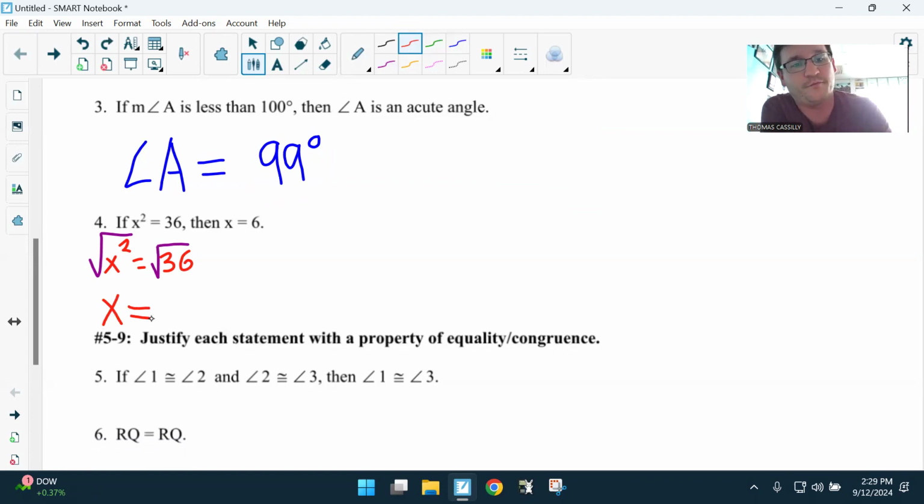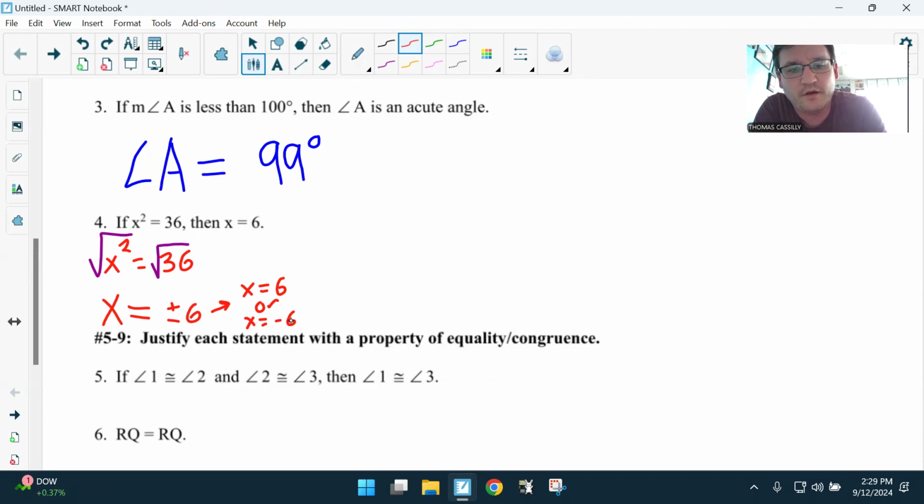This is the part that a lot of people forget. The plus or minus 6. Therefore, this literally means x equals 6 or x equals negative 6. So that counterexample is negative 6.